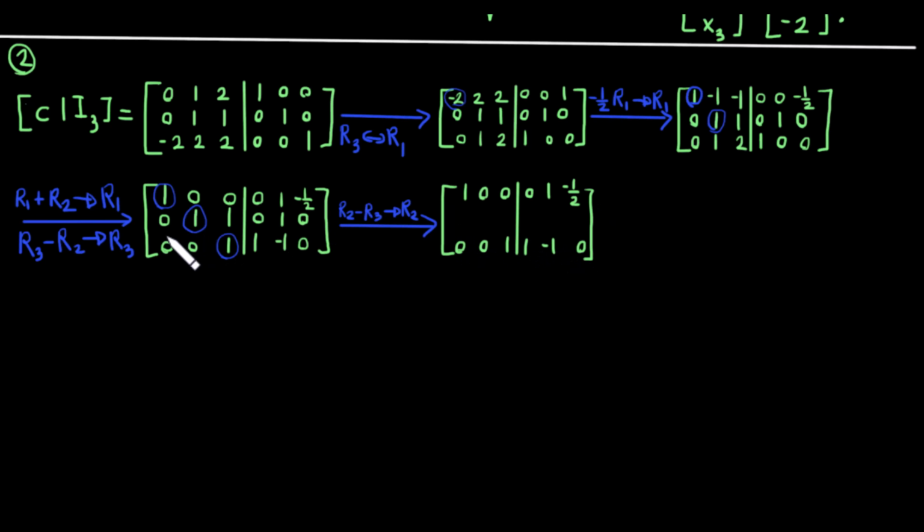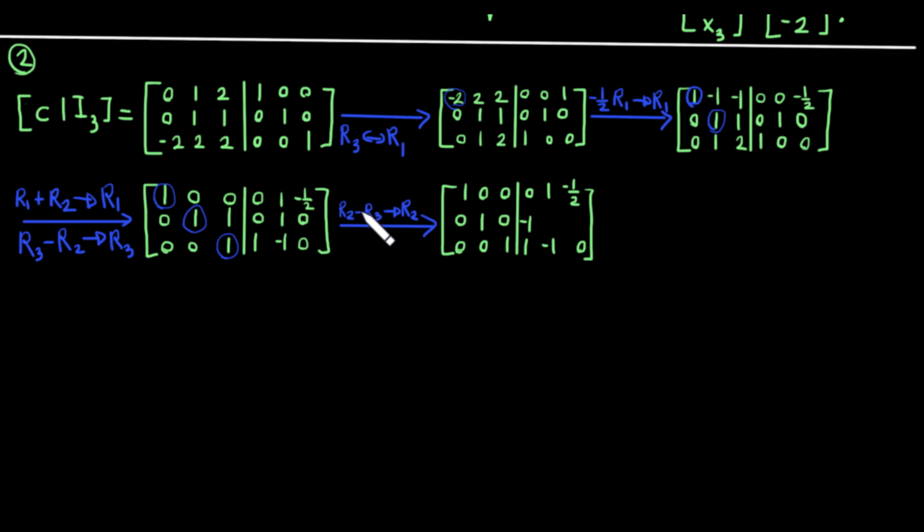So now, row 2 minus row 3: 0 minus 0 is 0, 1 minus 0 is 1, 1 minus 1 is 0, 0 minus 1 is negative 1. Here it will be negative 1 because 0 minus 1 is negative 1.